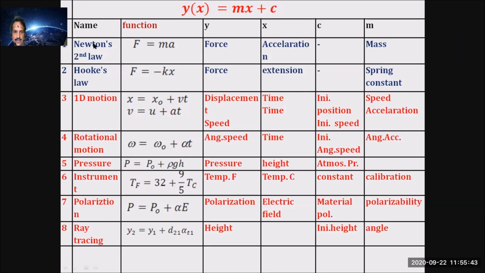All the way from Newton's laws in mechanics, the equation looks like F is equal to ma. So y represents force, and x is acceleration, and the slope constant is the mass. In Hooke's law, F is equal to minus kx. So the y-axis is force, the x-axis is extension, and the constant is the spring constant.